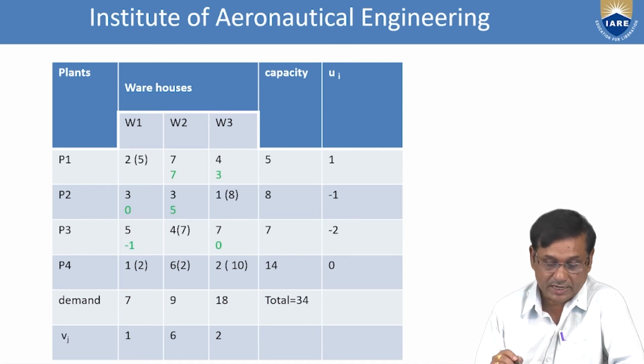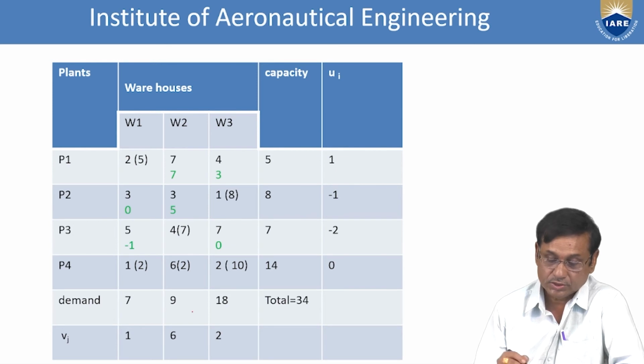Next, write the values Ui plus Vj for empty cells. So here Ui value is 1 and Vj value is equal to 6. So Ui plus Vj, the green number 7 indicates the Ui plus Vj for an empty cell, because we have not allotted to this. Next one is 3.